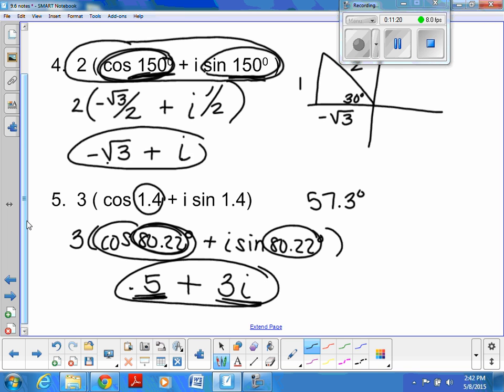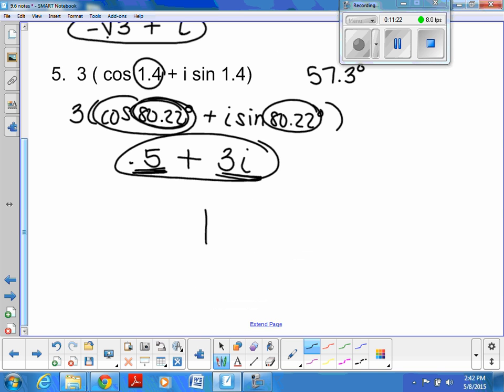What's this assignment? It's on page, I think, what are we on? 9 point what? 9.6? 9.6, page 590. You're starting with 27 through 41 odds.